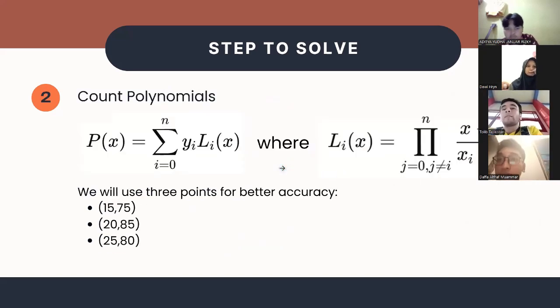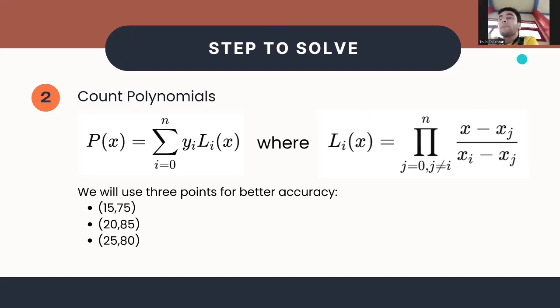So the second step is computing the polynomial, using the Lagrange method formula. P of x is equal to the sum for i equal to 0 of y_i times L_i of x, where L_i is the polynomial basis. The polynomial basis is the product over j equal to 0, j not equal to i, of x minus xj over xi minus xj.